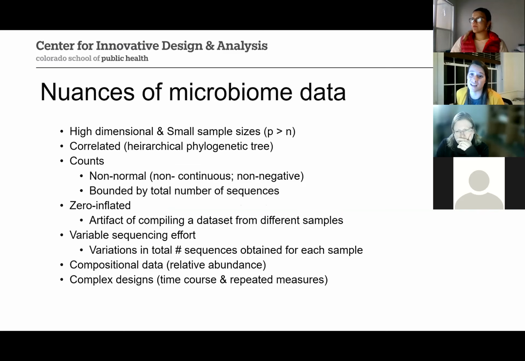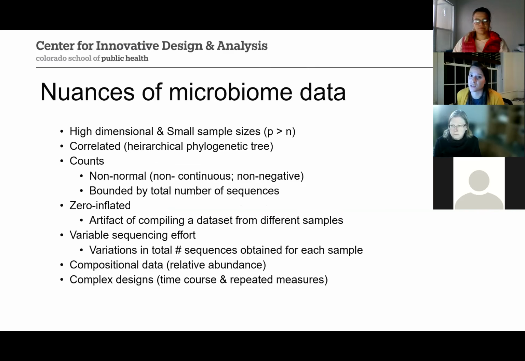They're also count data. So they can't be 1.5, they can't be 1.6. They are integers: 1, 2, 3. And they're bounded by the number of sequences for each sample. Each sample might have a different number of sequences, from different taxa or from just having more sequences in individual taxa.